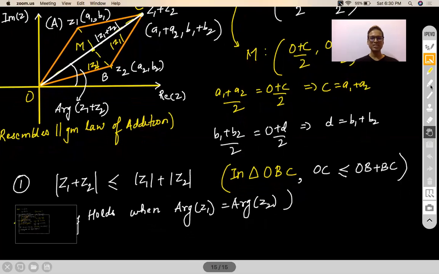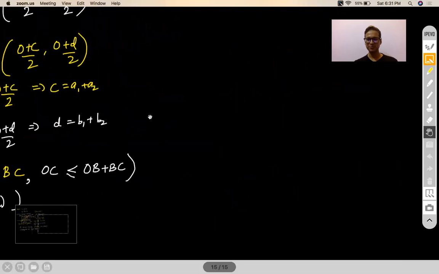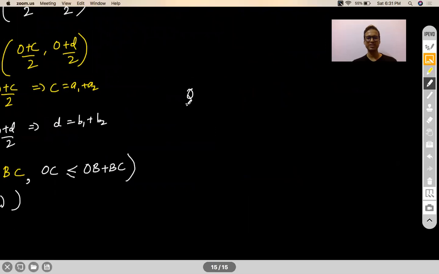Any questions? Can you please repeat the last point, Shashwat is asking? See, what I said was, in your competitive exam, let me just frame a question here. This could be a possible question. If mod Z1 plus Z2 is mod Z1 plus mod Z2, then which of the following options is correct?